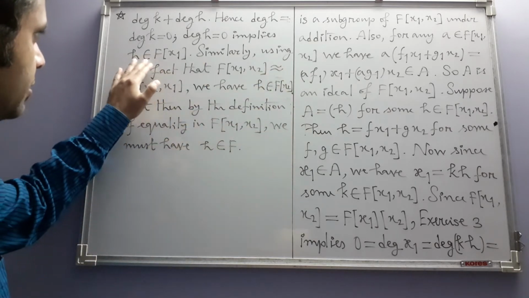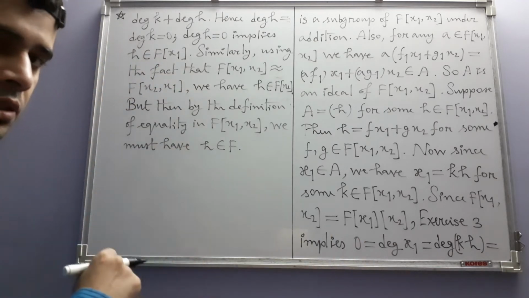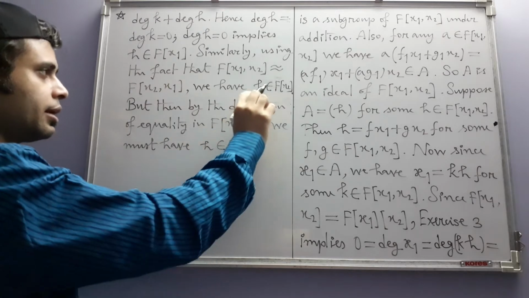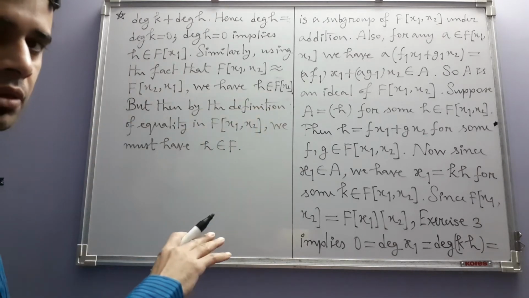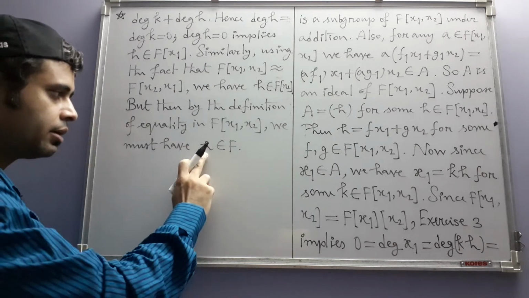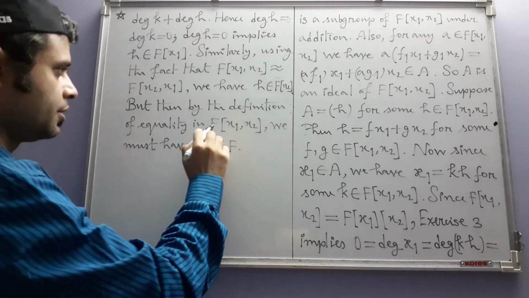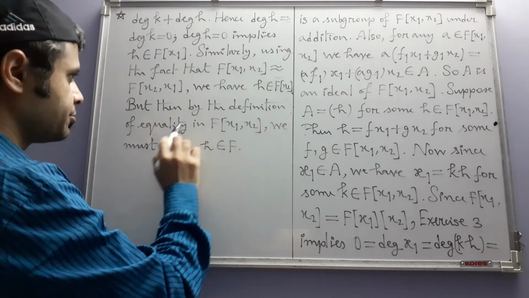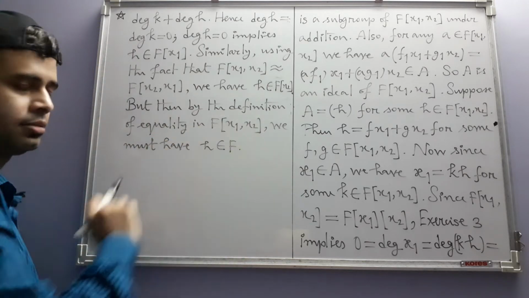This means h is a polynomial expression in x1 with coefficients coming from the field, and this means that h is a polynomial expression in x2 with coefficients coming from the field. These two things can happen simultaneously only when h is in f, that is h is a field element, and this follows from the definition of equality of two elements in this ring.